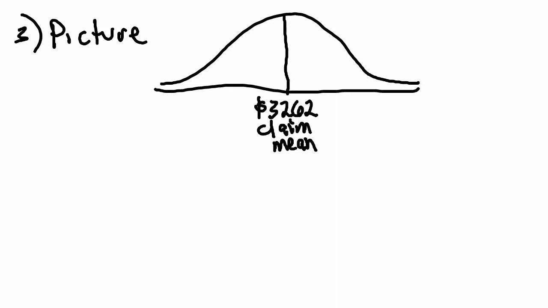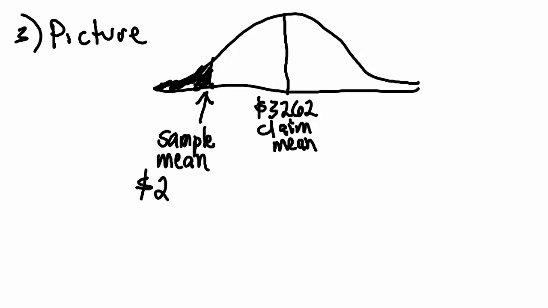And it's left-tailed, so I'm going to put this over here. It's going to go to the left, the part that you shade. This number right here is going to be your sample mean, and in our case, our sample mean was 2995. So don't mix up the claim with the sample. It's really important. We're testing the sample against the claim. The claim is always in the middle. And in this case, it's left-tailed.